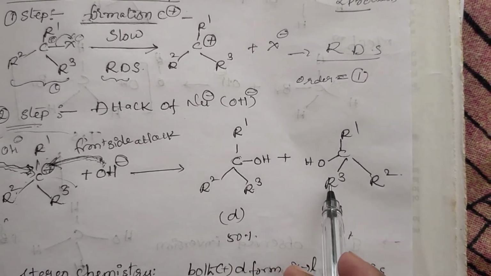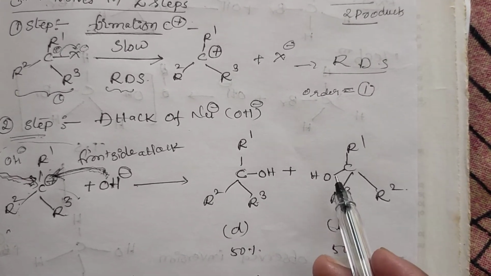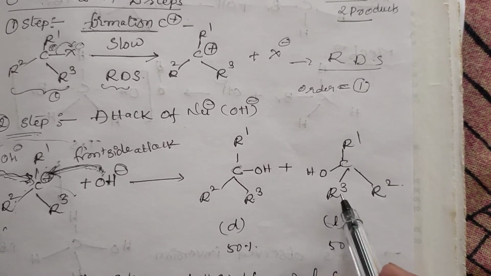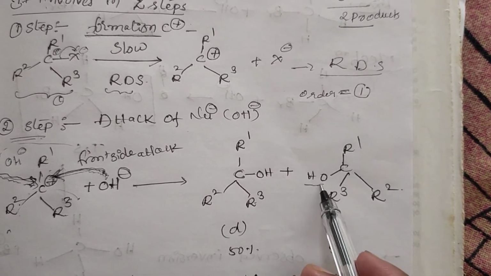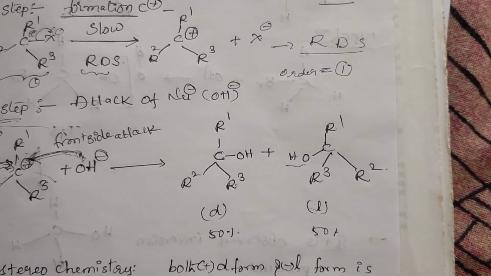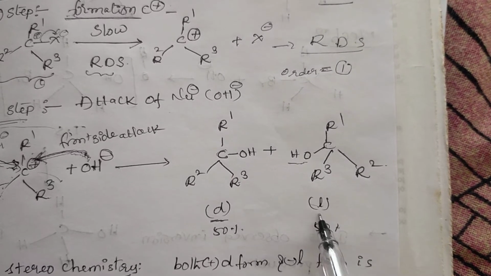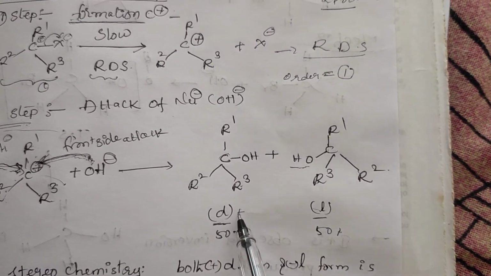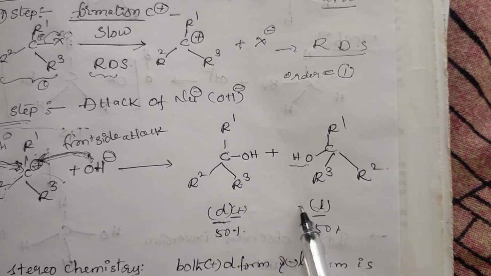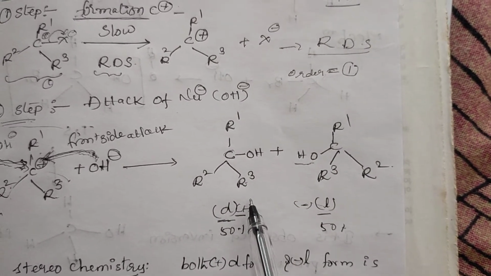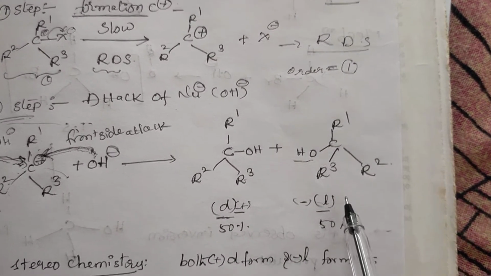So the product is C R1 R2 R3 with OH on the left side. According to stereochemistry, one compound is the D form and the other is the L form. One is represented by the plus form and this one is the minus form. So you will get two equal products.